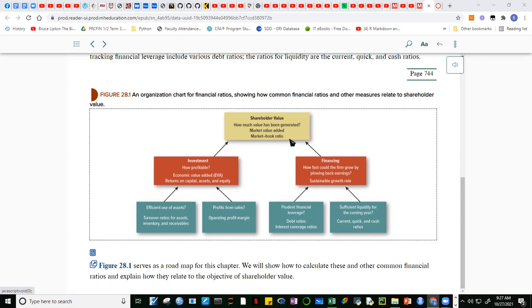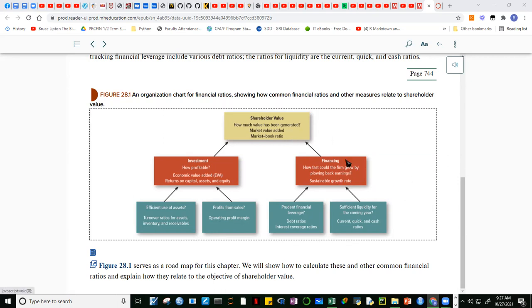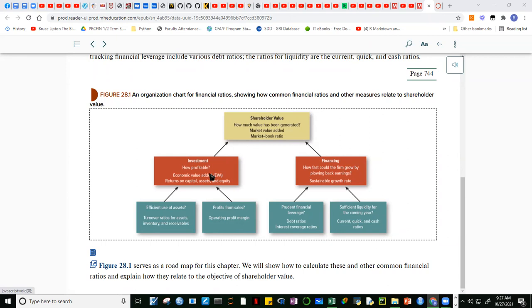And of course, as far as financing is concerned, how is the firm able to grow its assets? How fast could the firm grow by plowing back earnings? This is also related to dividends, so we have a measure called the sustainable growth rate. And as far as investment is concerned, there are two important questions that need to be asked.